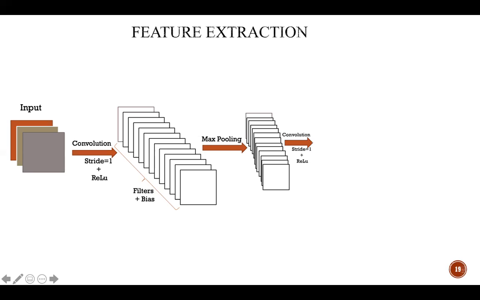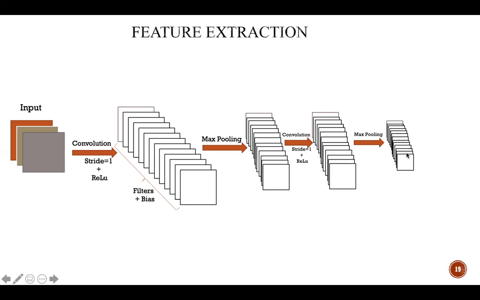And say you decided you want to apply another convolution with stride 1 and ReLU, and then you want to reduce this dimensionality further. So you get a 25 by 25, for example, and say, okay, this is enough. I want to flatten my feature maps and feed them to a classifier. Then you apply the flattening: you flatten the first layer, and then the second layer and the third layer, and then you put everything together in one column.